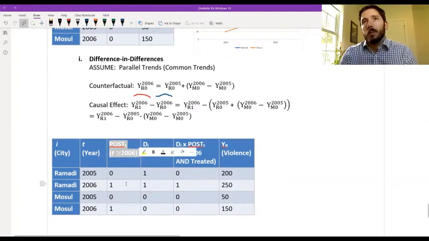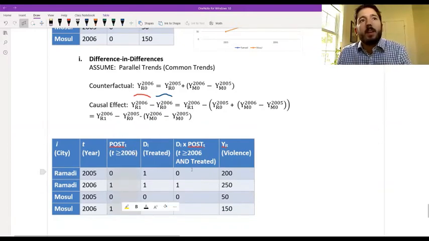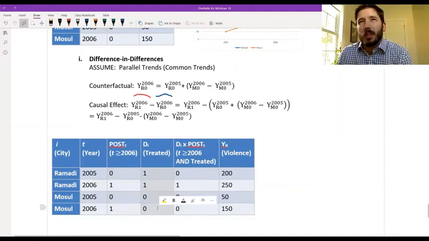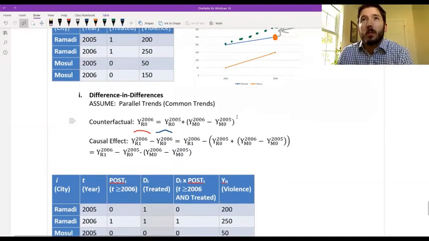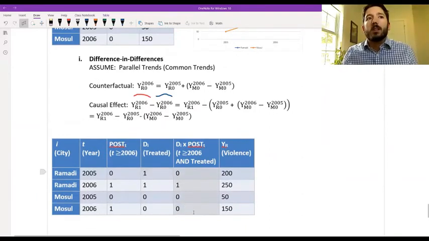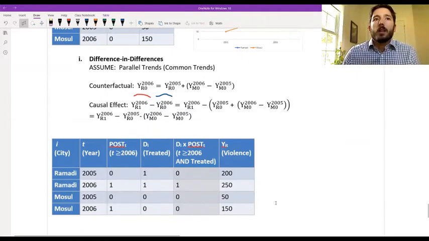So we're gonna have a pre and post treatment and control. So after 2006 is our post period. So we create a dummy like that. We've got our treated dummy, the group that's treated in this case. That's a distinction from what we've done in the past, rather than asking, are you treated in this specific year? And then we've got an interaction between, are you in the post period and are you in the treated group?